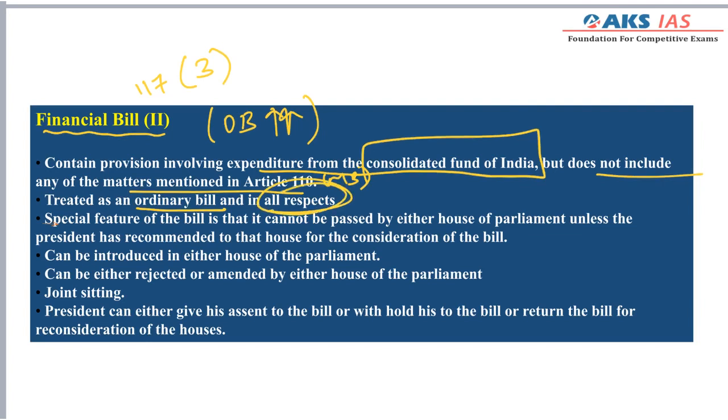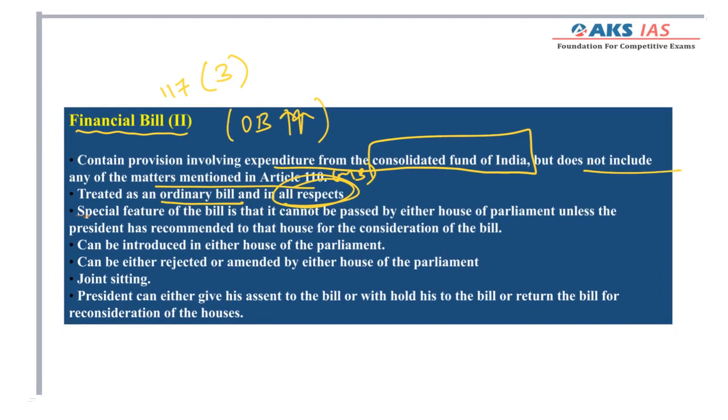You can think of whatever provisions are given to the ordinary bill; the same kind of provisions are available with this financial bill too. The special feature of this bill is that it cannot be passed by either House of Parliament unless the President has recommended to the House the consideration of the bill.